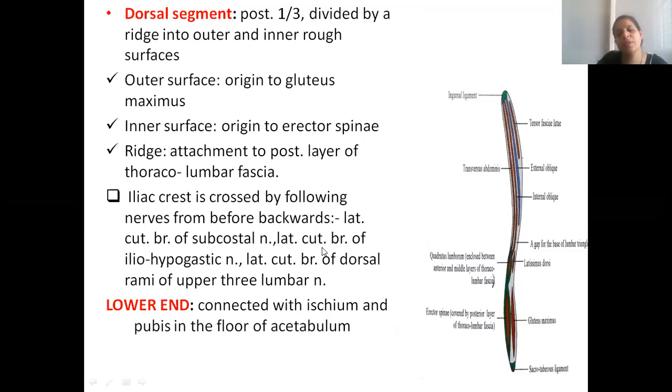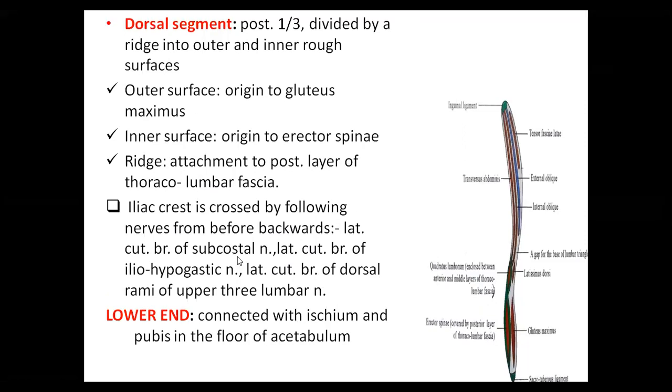Just one more thing I want you to remember: the iliac crest is crossed by the following nerves from before backwards, that means from front to behind. They are the lateral cutaneous branch of the subcostal nerve, the lateral cutaneous branch of the iliohypogastric nerve, and the lateral cutaneous branches of the dorsal rami of the upper three lumbar nerves.